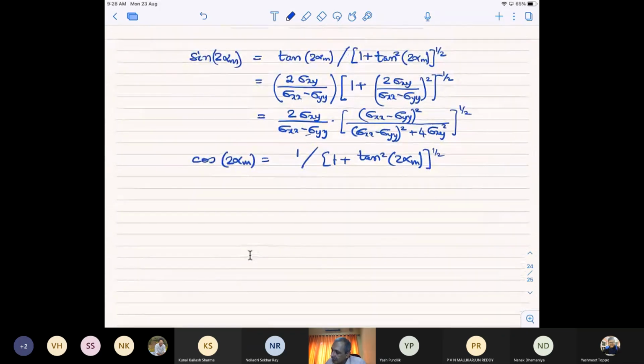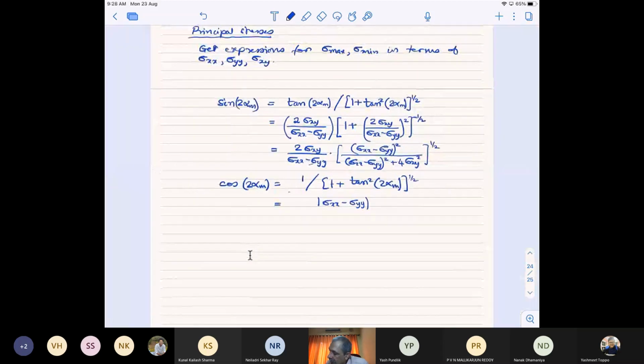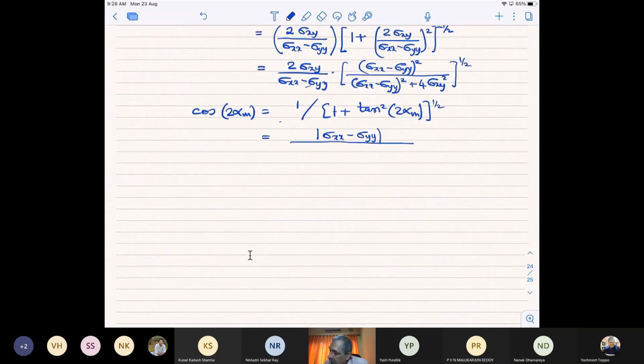If we simplify this, it is just equal to the absolute value of sigma xx minus sigma yy. So basically the front factor will be missing, the rest is the same, divided by sigma xx minus sigma yy.